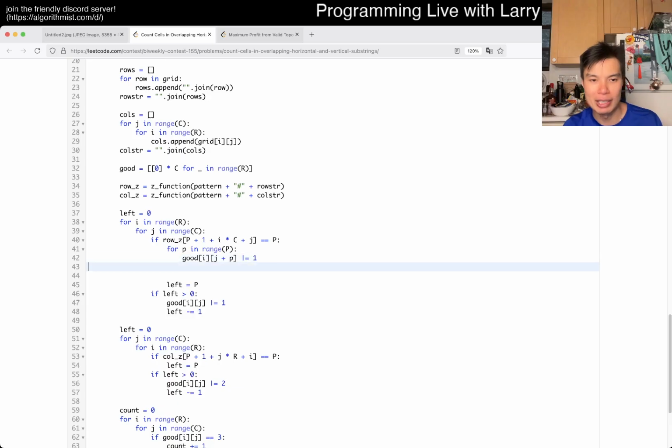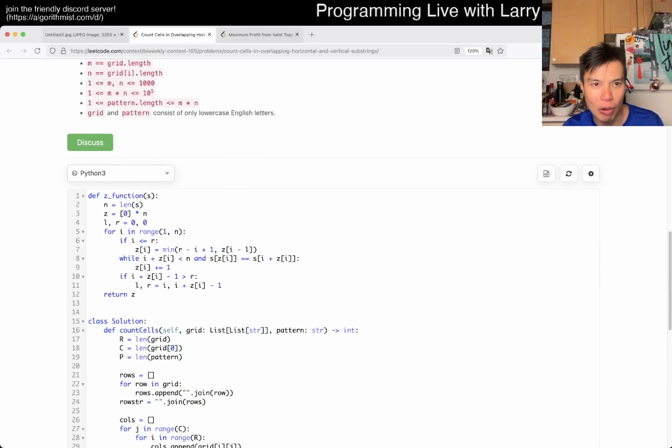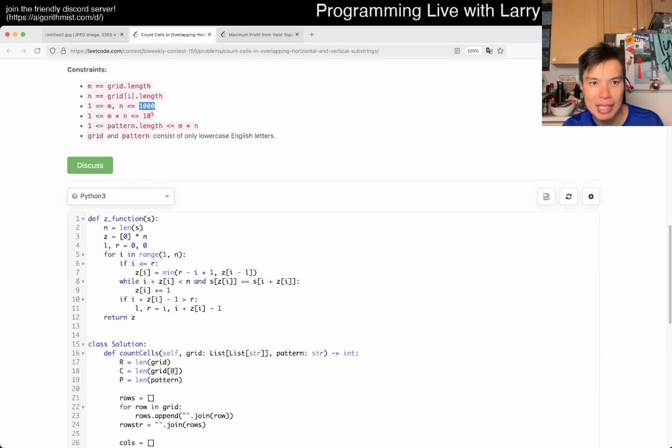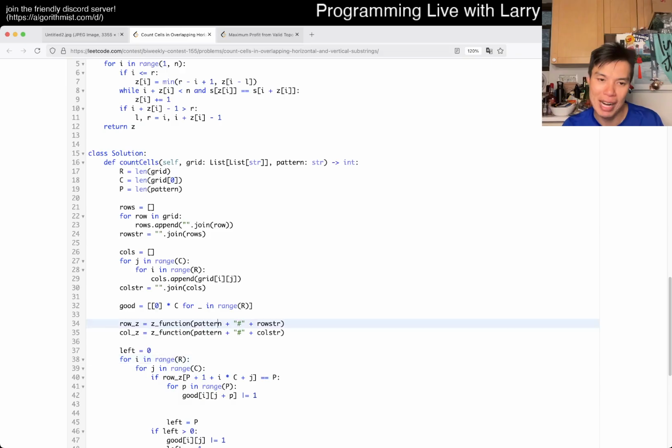The problem is that with a for loop like this, it's R times C, which is already 1,000,000 given 1,000, and then P is another 1,000,000, so it's very easy to make this 1,000,000 squared. For example, if the pattern is all A's, the row string is all A's, and the columns are all A's, then you would loop a lot.